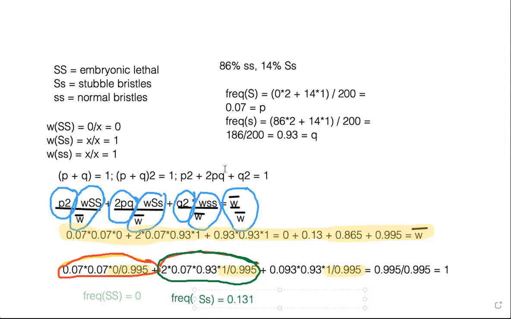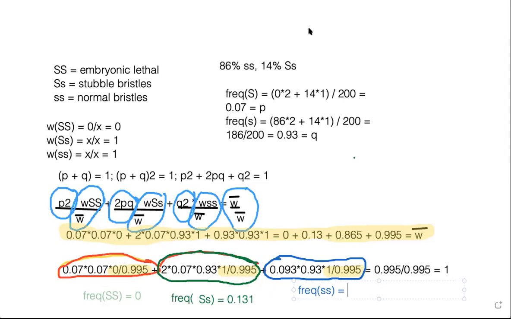And our frequency of normally bristled flies, little s, is going to be 0.93, not 0.093.